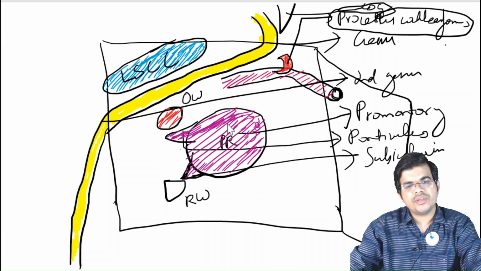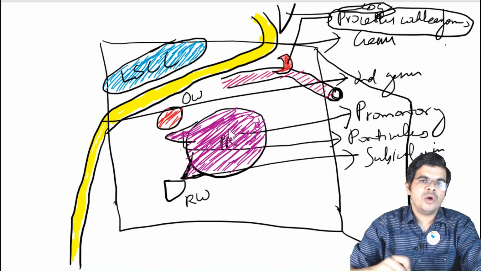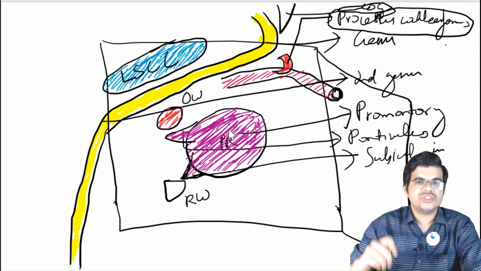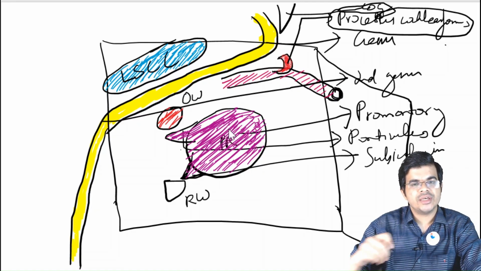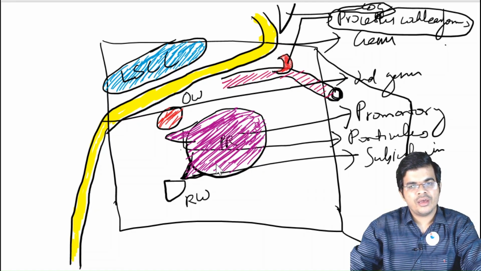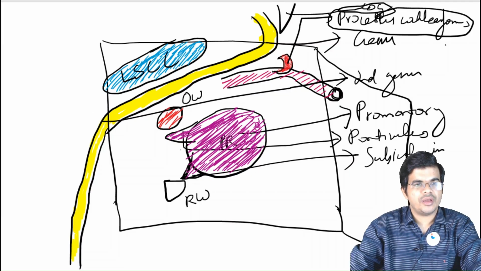Now, what is the significance of these projections? It means between these projections, a space is seen on the medial wall of middle ear, and that space is very important because it is an area where most commonly the residual cholesteatoma is seen. And what is that space known as? That space is known as sinus tympani. Okay, that space is known as sinus tympani.